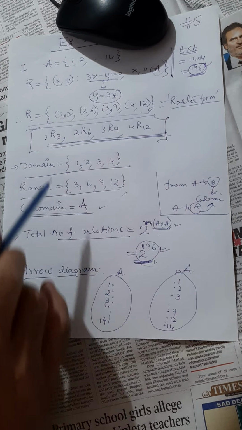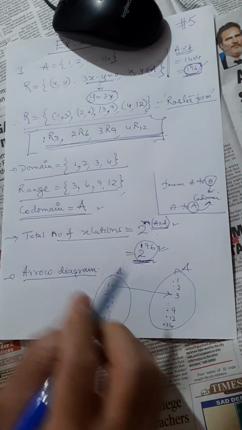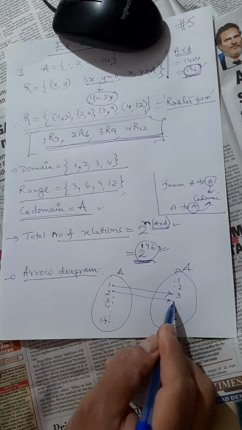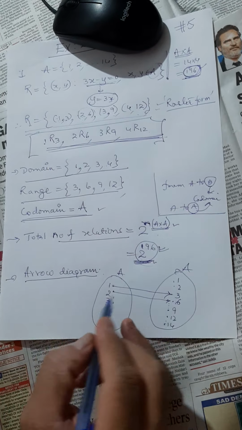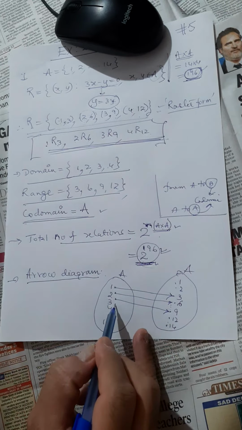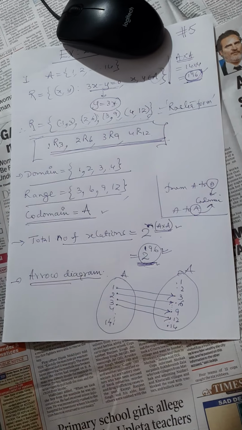So you just connect the related elements. 1 with 3, 2 with 6, so somewhere you have 6 here. 3 with 9, and 4 with 12. This is called the arrow diagram of the above relation.